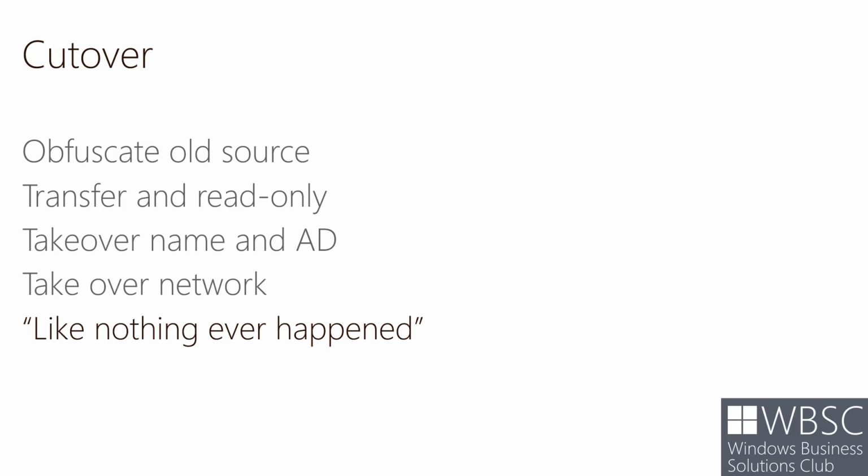Everything works as if nothing has changed. We have the same server name, the same IP address, the same shares, and also the full transfer of the access control list.